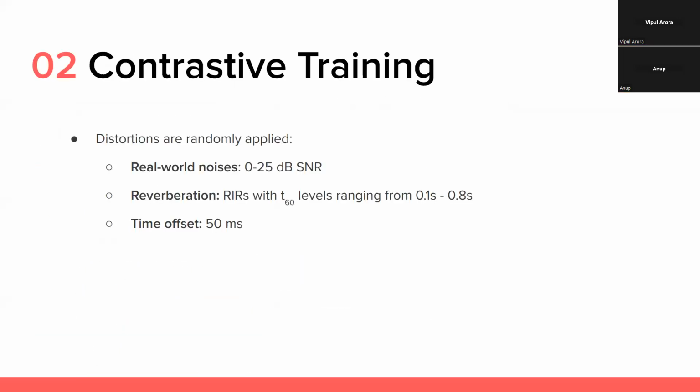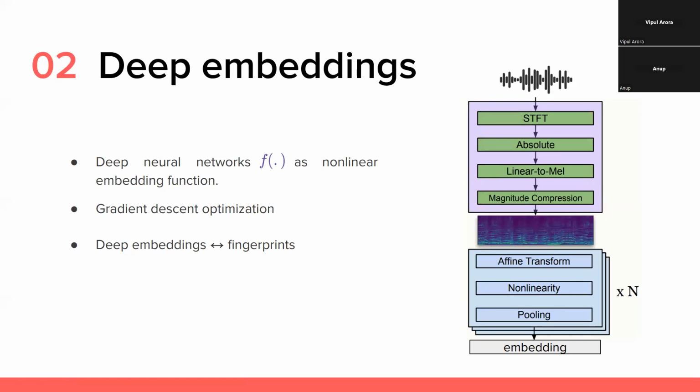If you see this, we need to take care of three things. First, what kind of input audio are we going to feed into our neural network? The neural network model expects some form of input. Second, what kind of architecture are we using? Third, how are we going to train that model? In this example, instead of raw audio, we are computing the log mel spectrogram of that audio.